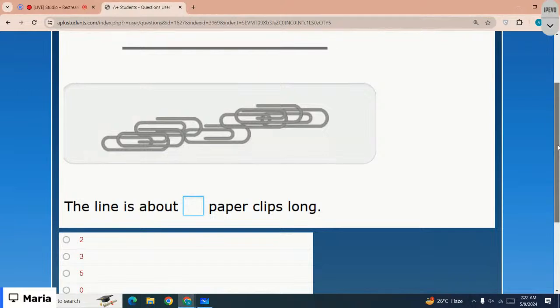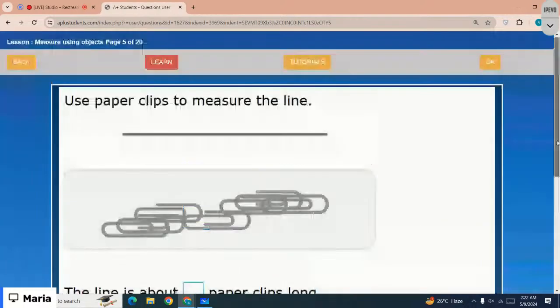That is 3 paper clips long. The correct option is 3. Okay, you can complete the lesson by yourself today. Let me just move on to the next lesson.